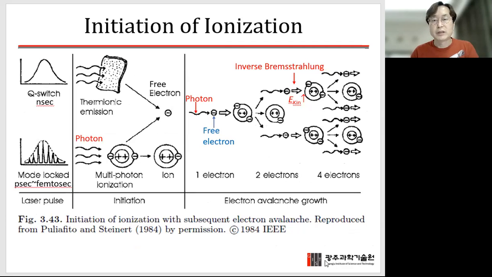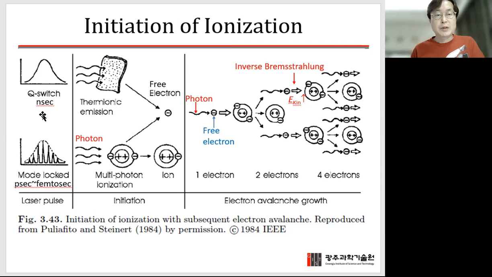So this kind of cartoon is showing the initiation of the ionization. Either using a Q-switch laser, which can have a nanosecond pulse, or using a mode-locked laser, which can generate picosecond to femtosecond pulses.